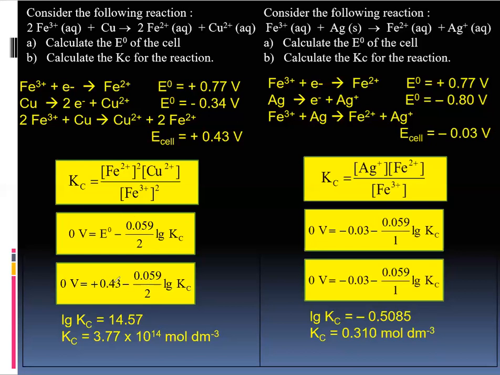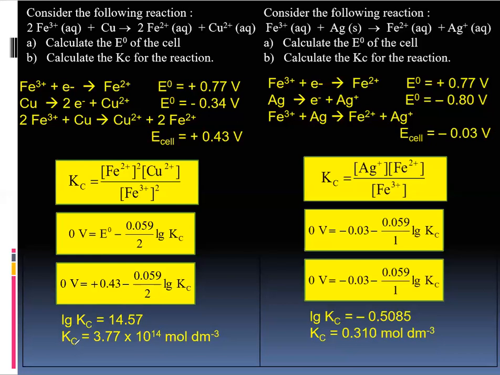On the other end we have 0, so we can take this value to the other side so that we have log of Kc. Log of Kc will still be carrying the division of 0.059 over 2, so you have to divide both sides by that value to have log of Kc standing alone. If I divide both sides by that value, I end up with log of Kc equals 14.59.